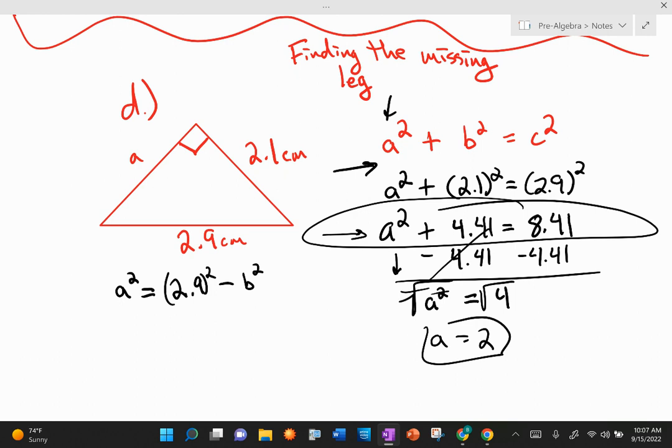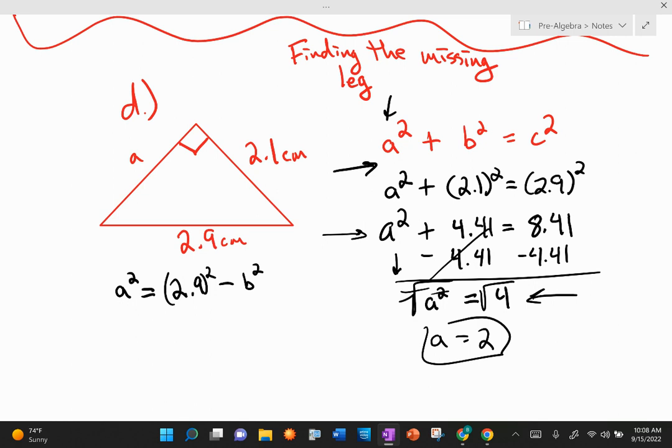At that step right there, I have to get 4.41 to the other side because it's being added. I have to do the opposite of that, which is subtract from both sides. Then that's how I got 4 on the right side right here, and just a squared left on the left side, and then you can finish it from there. So you've got to kind of go through your steps of algebra once you're working on these where you're finding the missing leg.